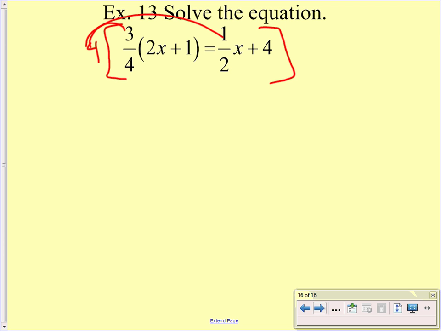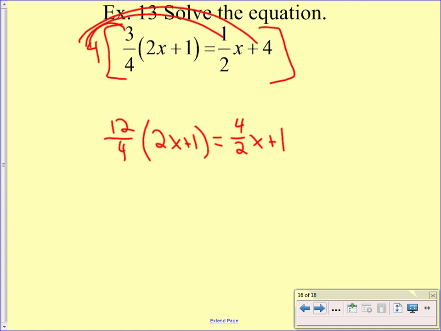On the right-hand side, both items get it. I don't touch the parentheses on the left. So I get 12 over 4 times 2x plus 1, not touching the parentheses, equals 4 over 2x plus 16 on the other side.